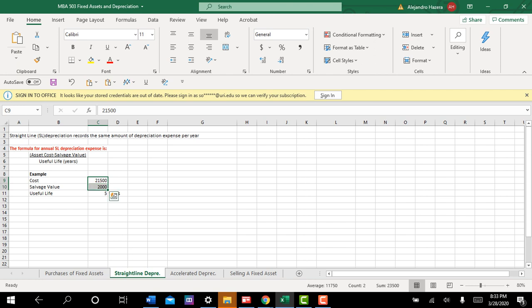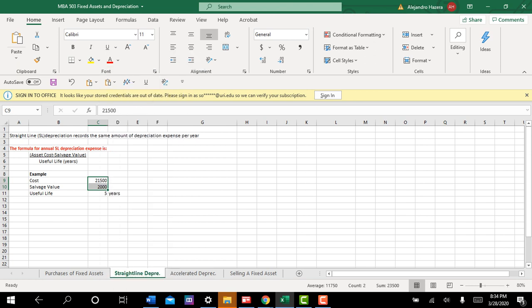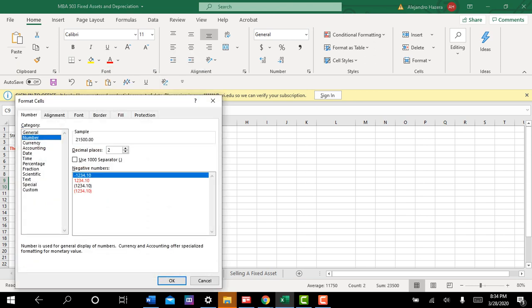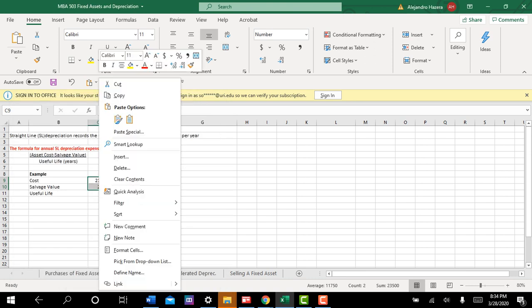Okay, so these first two numbers are monetary amounts, the cost of the asset and the dollars you can get for it at the end of the asset's life. And the useful life is in years. So let's go ahead and change this a little bit. Let's make sure to specify that these are dollars.